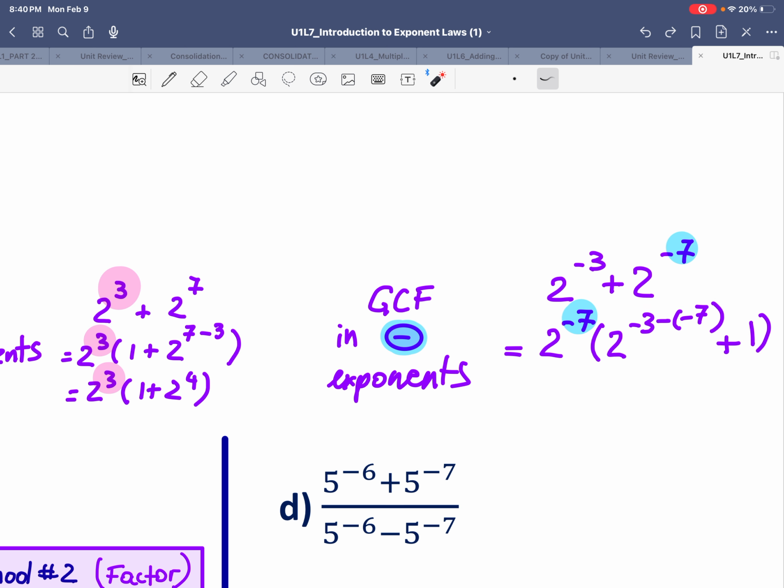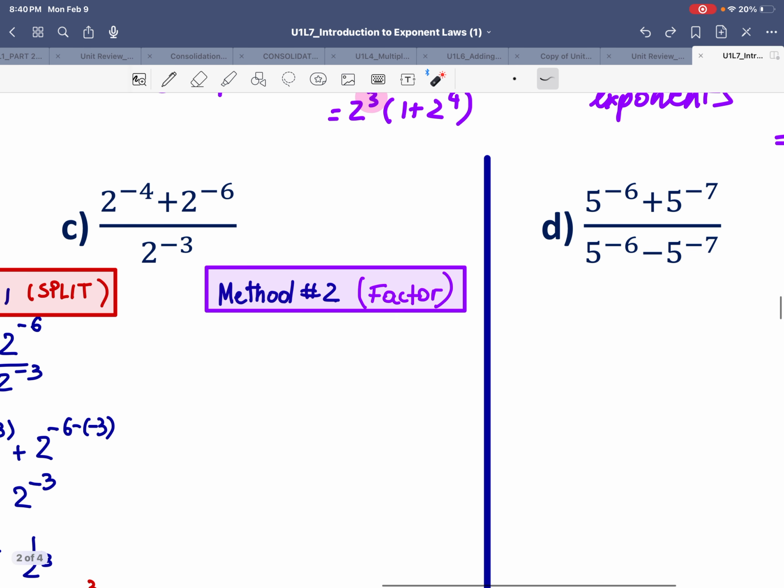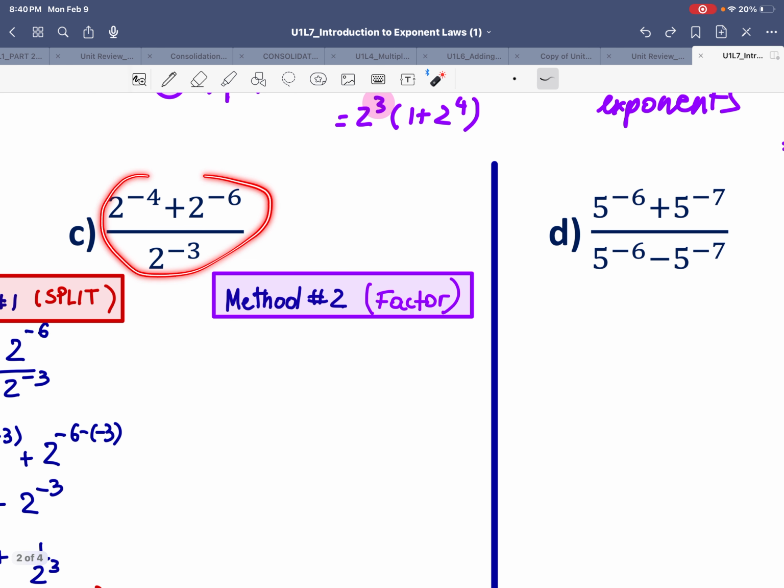So in a more simplified form, we have 2 to the negative 7 and inside brackets, and this is a little miracle that we cherish in this type of expression: negative 3 minus negative 7 is a power of positive 4, and we like positive exponents because it's easier to simplify them. So with this strategy in mind, we're going to try to simplify this expression by using what we call the factoring method.